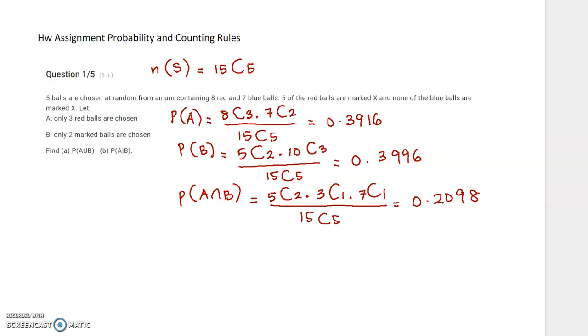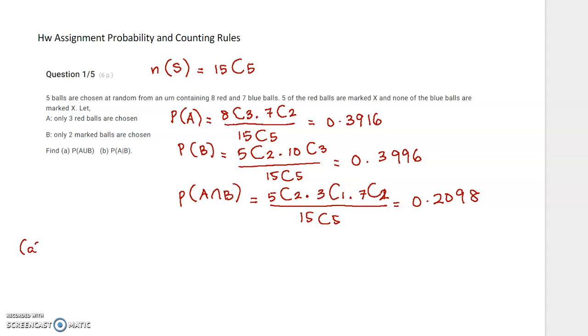Oh, wait. This one is not 1, it's 2, because it must make 5. So 2, 1, these are all red balls, right? So you have to choose 3 red balls and 2 marked balls. These are 2 marked and red and 3 unmarked and red, and there must be 2 more to complete 5. So this is what you get, right?